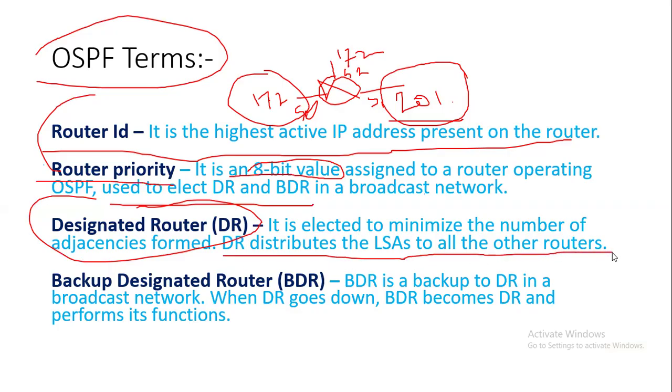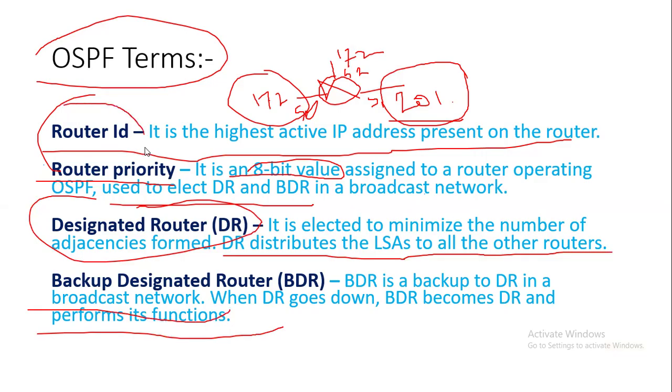So the designated router will be the main router. It will send the LSA updates, link state advertisement updates, to all routers. And the BDR is the backup router for this designated router, and it is also used in the broadcast network.